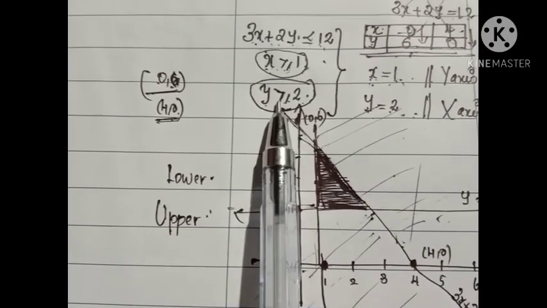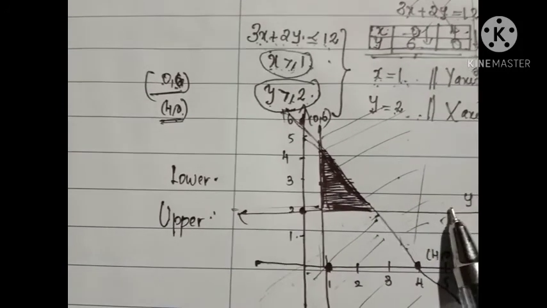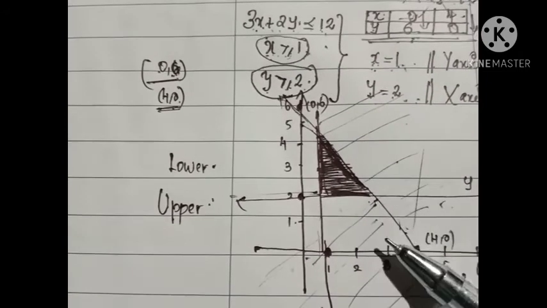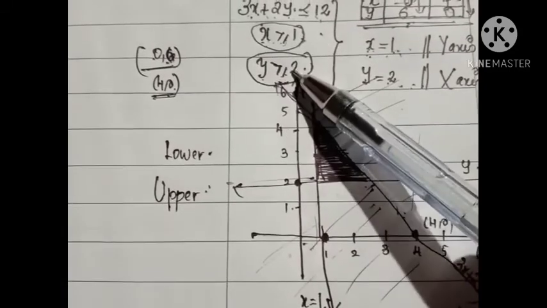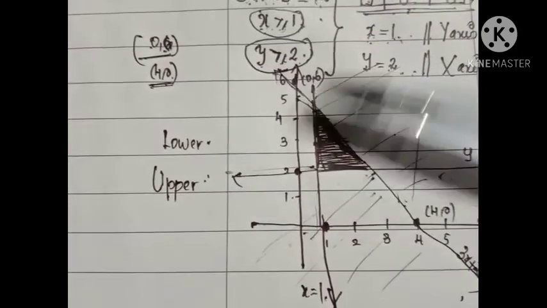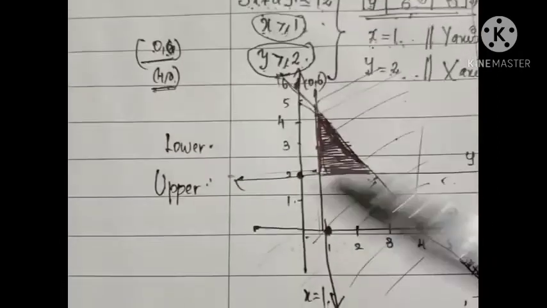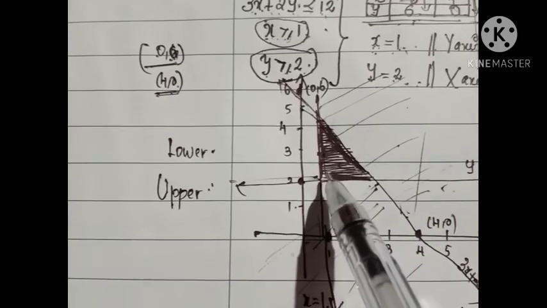Now, y greater than or equal to 2: this is the line y equal to 2, which divides the plane into an upper half plane and a lower half plane. Y greater than or equal to 2 means it is above the line. Is it clear?